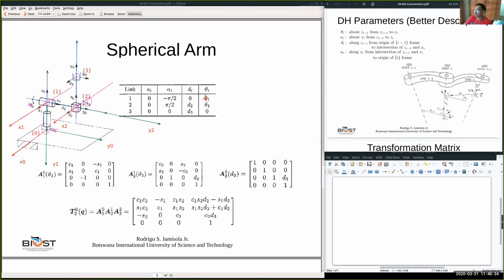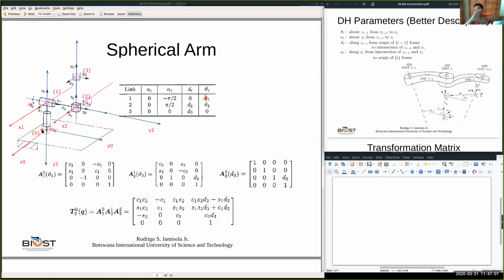Okay, so now let's go to alpha 1. Alpha 1 is about X1. Okay, where is X1? That is X1. This X1, from Z0 to Z1. Where is Z0? Z0, and that's Z1. Okay, so about X1, X1 now is the axis from Z0 to Z1. So it's like that, because Z0 is on top and Z1 is going this way.